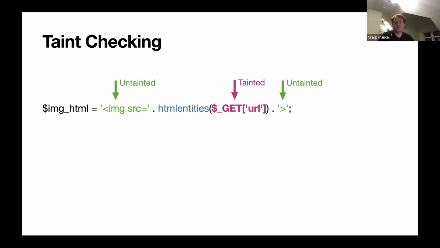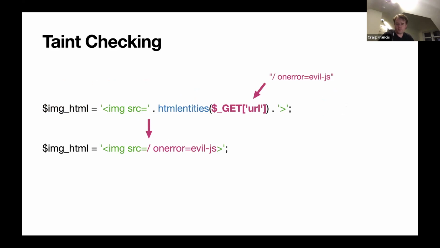And we see this with HTML as well, with a tainted thing being combined in, untainted. Again, you're thinking, surely this is safe because it's been escaped. Well, we're missing some quotes. So if the person was to pass in this bit of HTML, in fact, you also have some JavaScript on here. So it will try and load the image, it will fail, and then it will run the evil JavaScript.